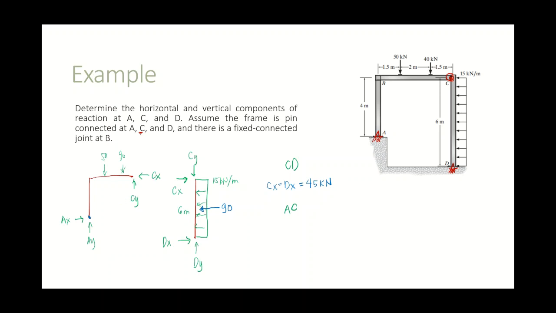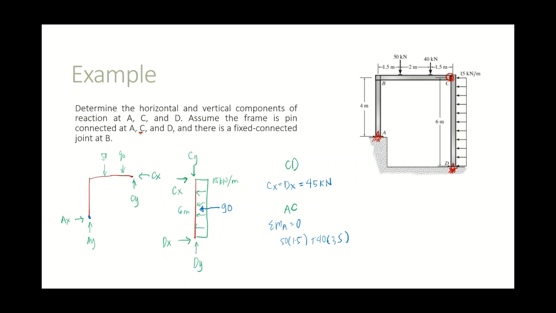So, pwedeng ganun yung mangyari. Mag-moment tayo sa A. Summation moment A equal to 0. Ang mangyayari, we have 50 times 1.5. Tapos, 40 times 3.5.